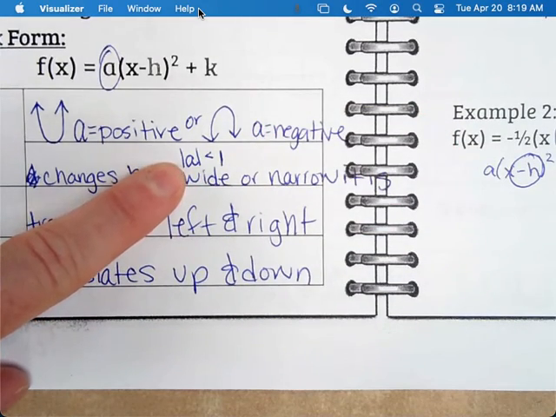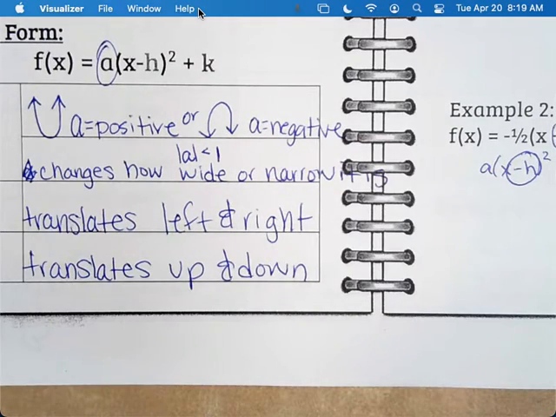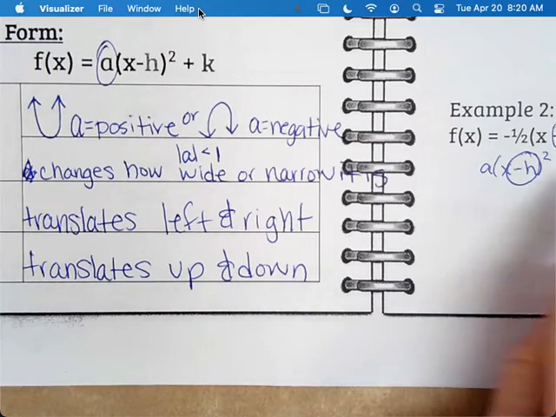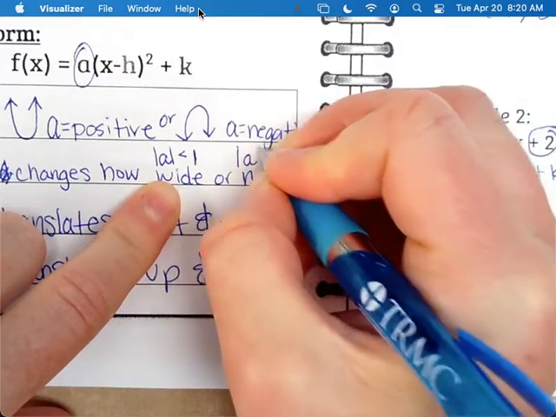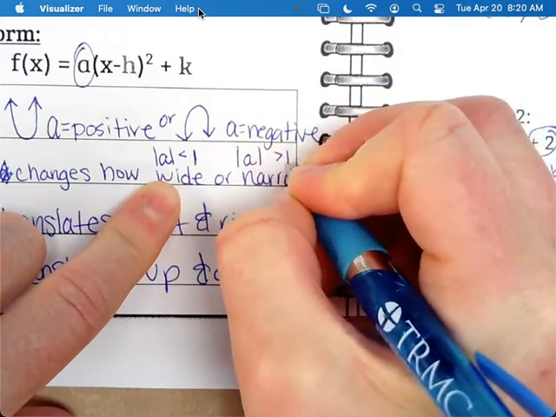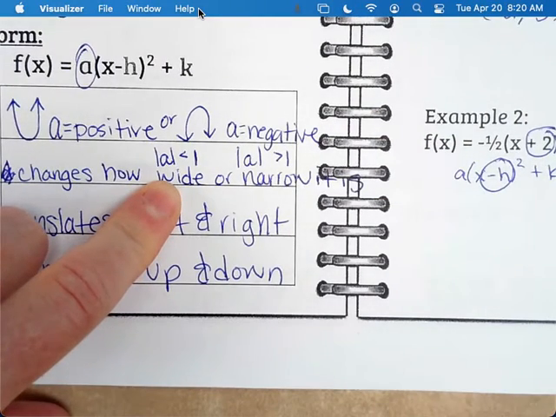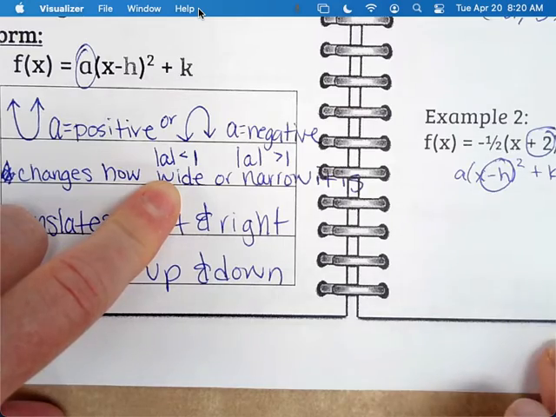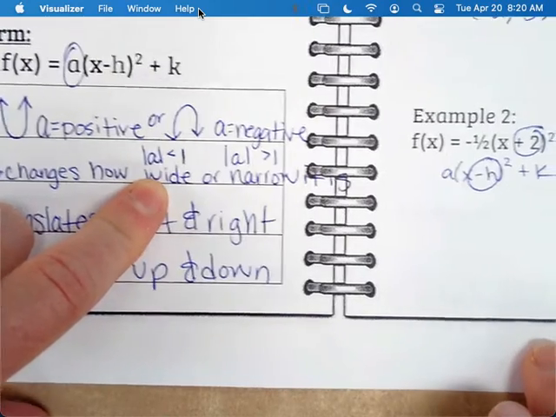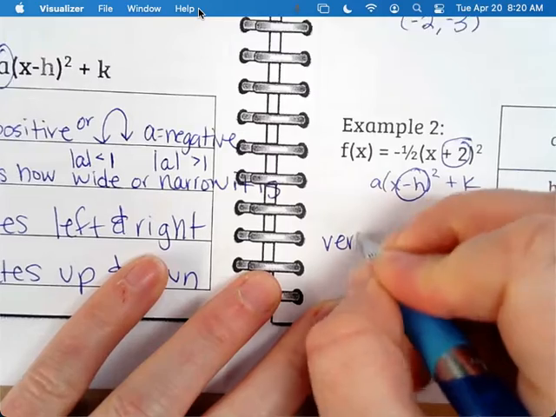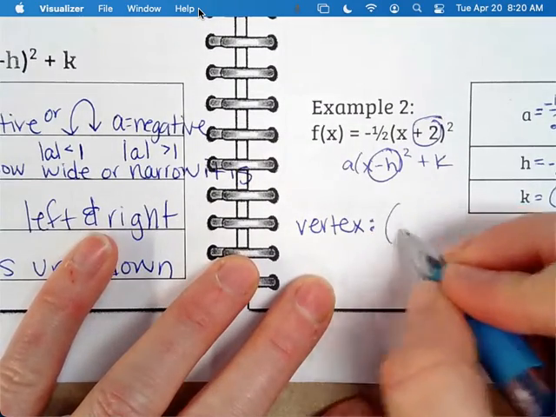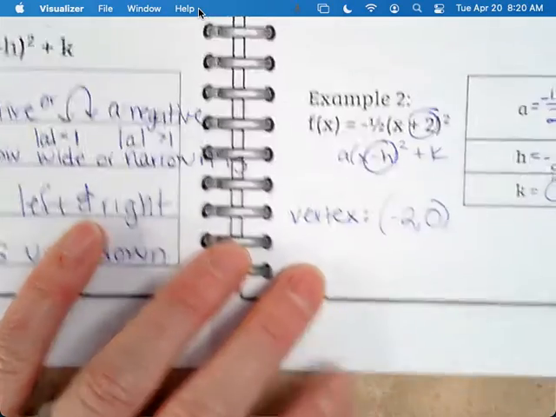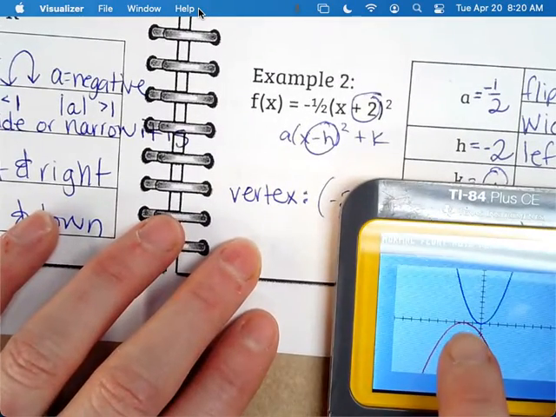I put absolute value in there so we don't even think about the negative. We just make it positive. So half is going to make it wider. And the absolute value of a being greater than 1 is going to make it narrower. The vertex on this is h, k, so negative 2, 0. And is that true here? Negative 2, 0.